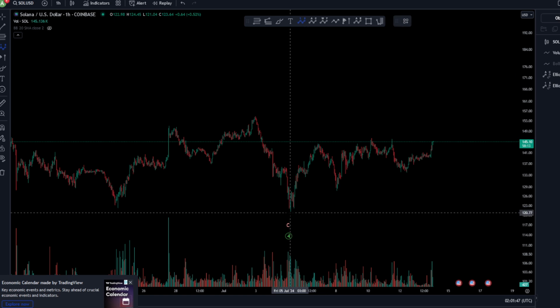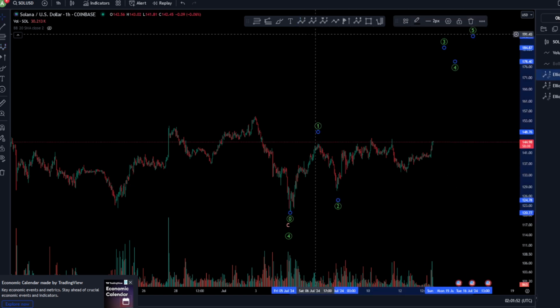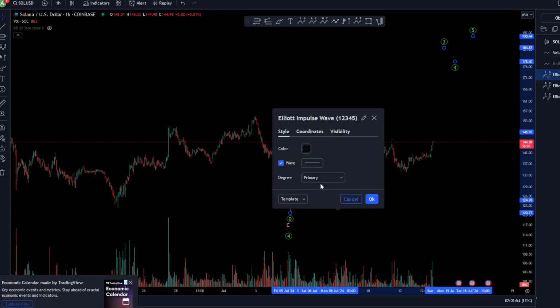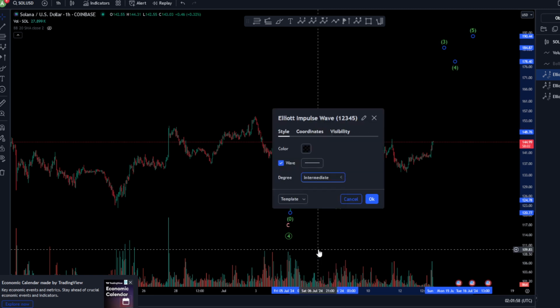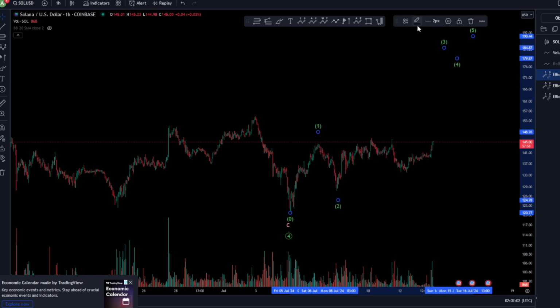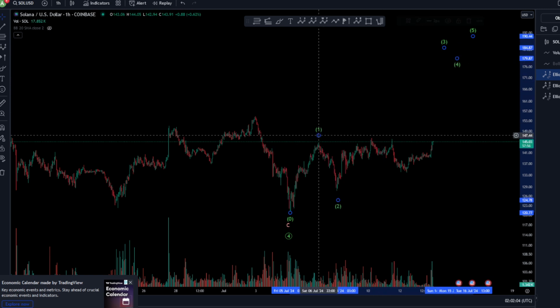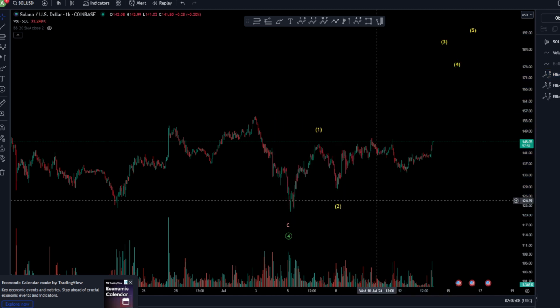So what I can do here is 1 2 3 4 5. Yeah, it can be intermediate, right? And we're gonna put this into a yellow. Here we go.